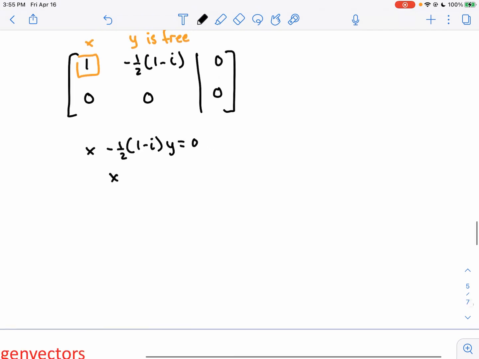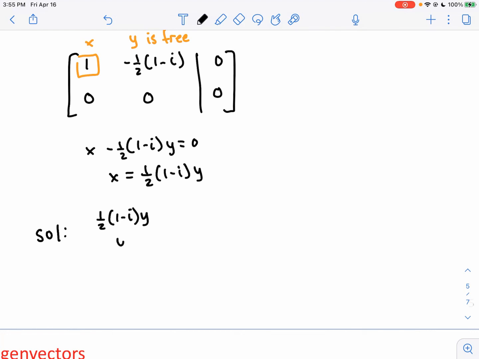Okay, so that means that x is equal to 1/2 of 1 minus i times y. So this gives that our solution is x and y, where x is 1/2 times 1 minus i times y, and y is free. So there's our solution in the form of x, y, but written in terms of y. And we can factor out the y. And we have 1/2 times 1 minus i, and then 1.